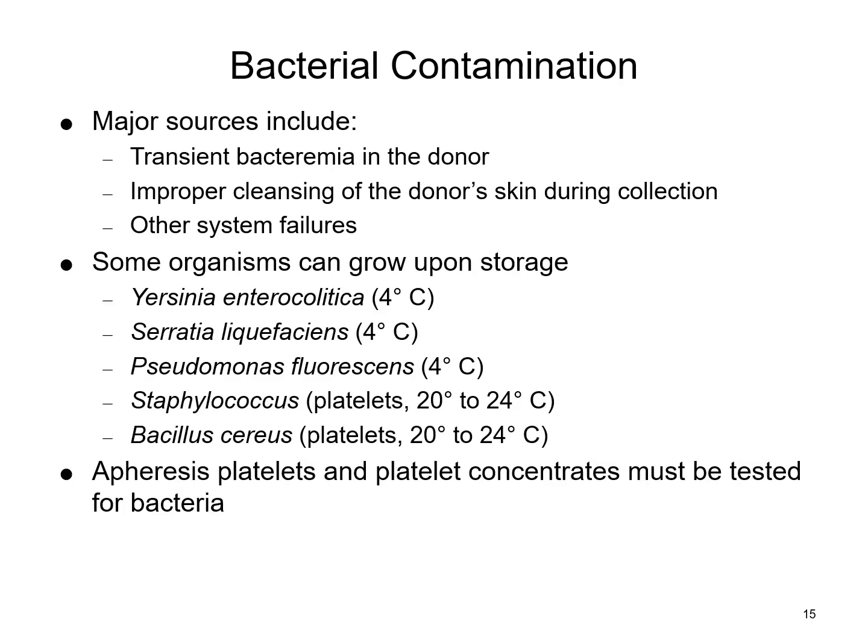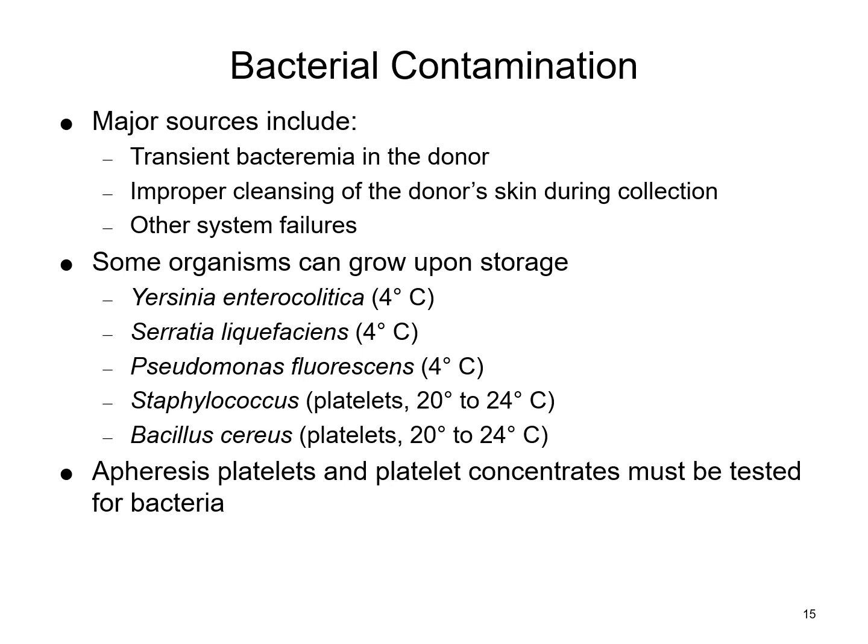Bacterial contamination. Now, the major sources for bacterial contamination are going to be that it was possibly transmitted from the donor themselves. Maybe the donor had some early stage of bacteremia that they were unaware of, improper cleansing of the donor's skin during the collection, or some other system failures, like a micro hole in the bag that wasn't noticed, maybe through the collection port or entry, where you didn't notice any kind of leak during storage, but that blood was contaminated while it was collected.